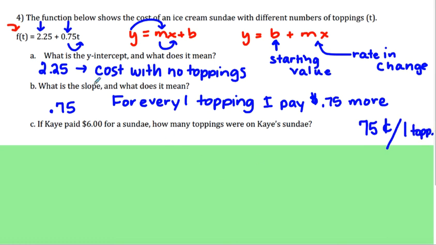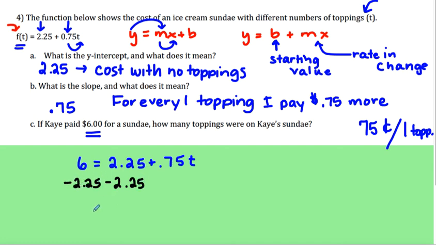Okay? All right. So if K paid $6 for a sundae, how many toppings were on K's sundae? Well, toppings is t, and f of t is the cost. So I'm going to set the function equal to 6, and I'm going to solve for t. All right, so I'm going to subtract 2.25.